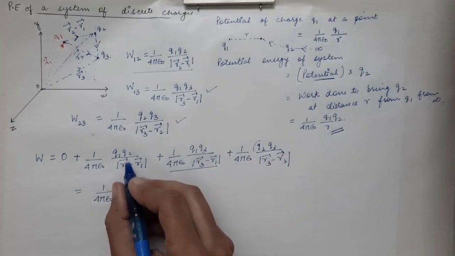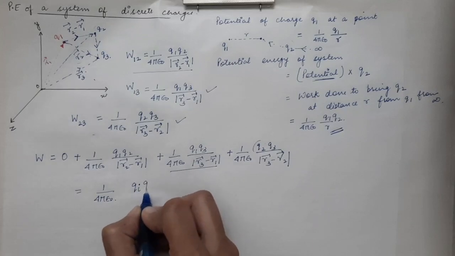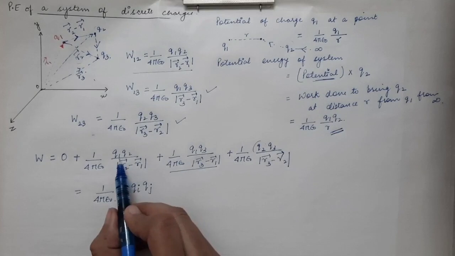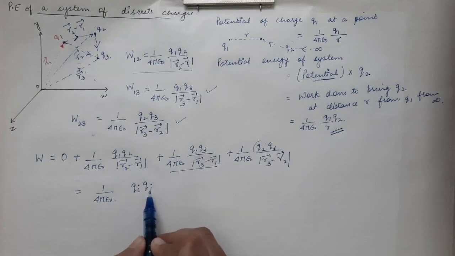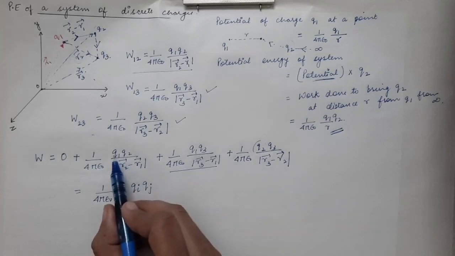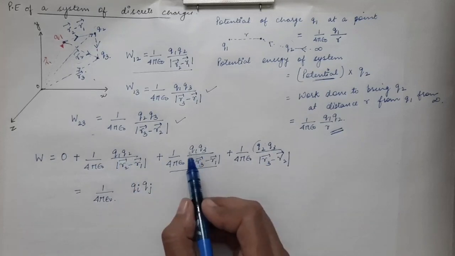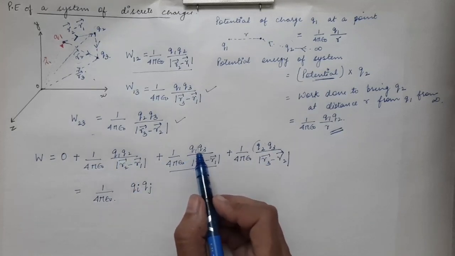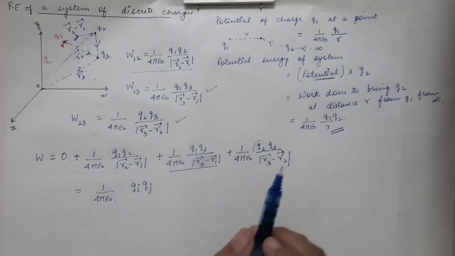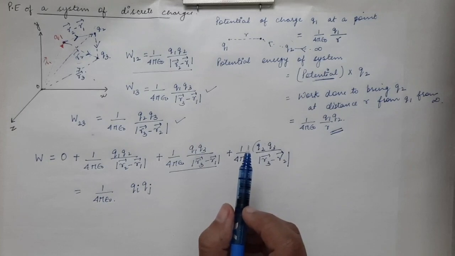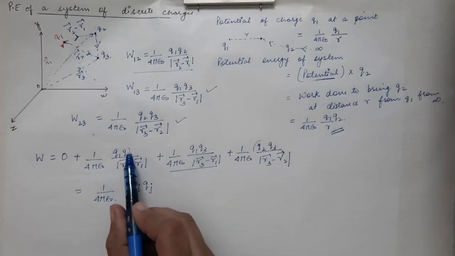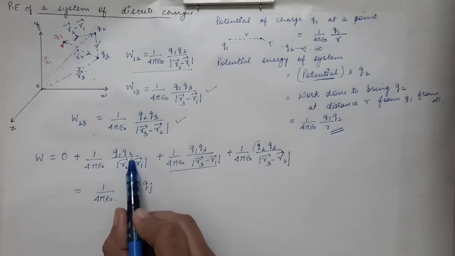So I will write the numerator as Qi into Qj, and you can clearly see that nowhere Qi will be equal to Qj. Nowhere in the numerator will you get Q1 into Q1, or Q2 into Q2, or Q3 into Q3. If you have Q1, you will never have Q1 on the second term.